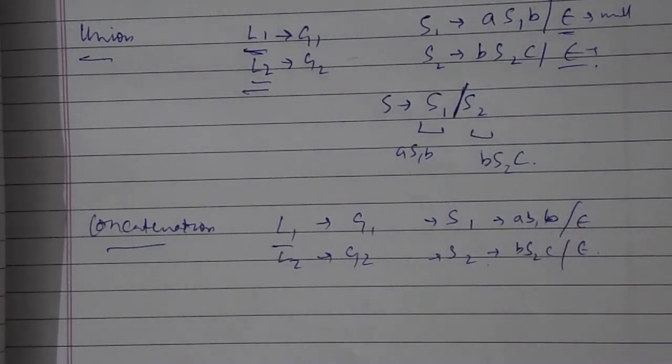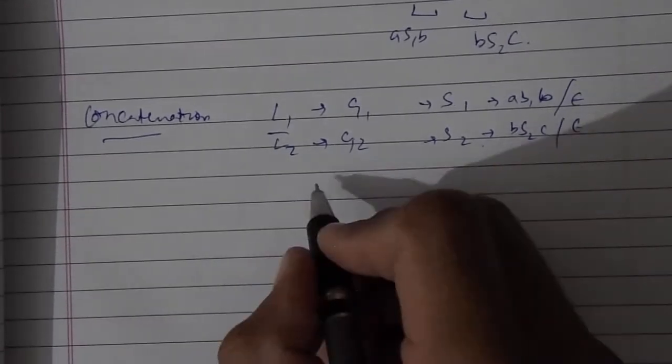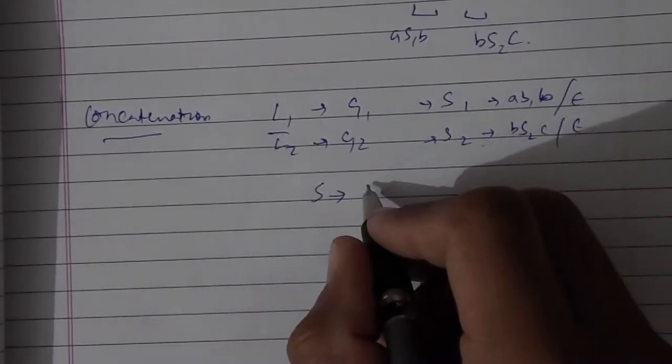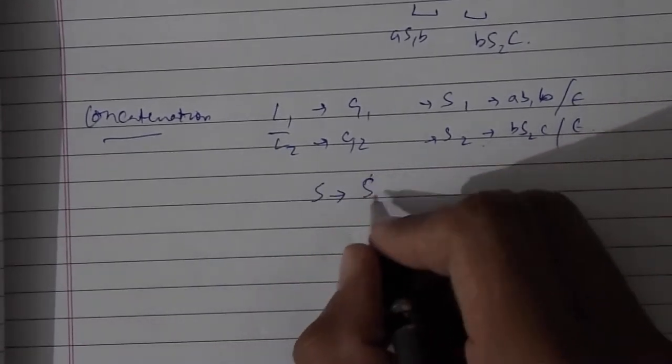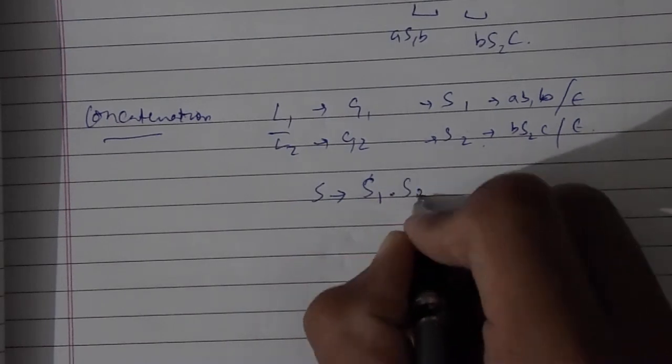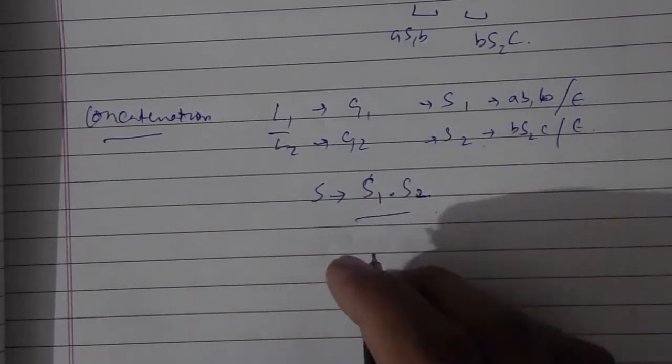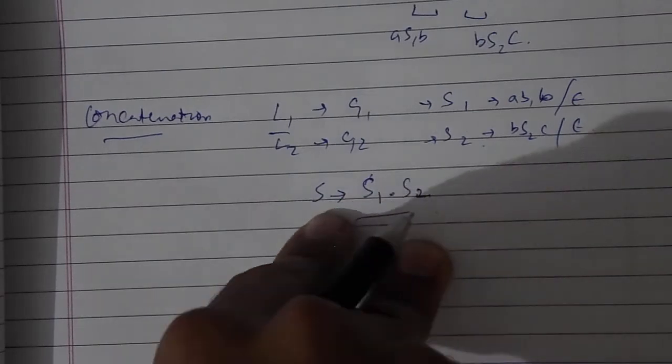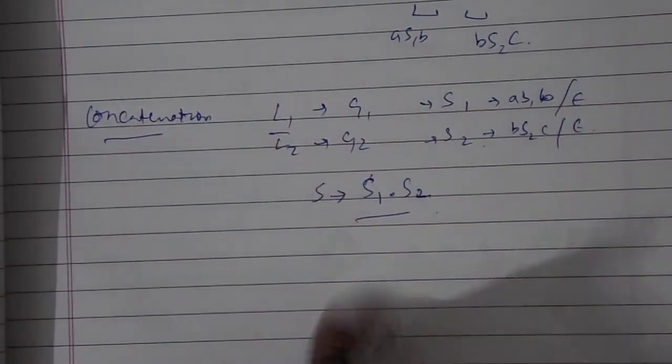To show that this is closed under concatenation, I take a string and put a dot in between S1 and S2. Hence we can say that this is also closed under concatenation.